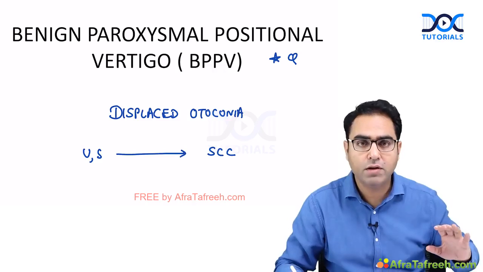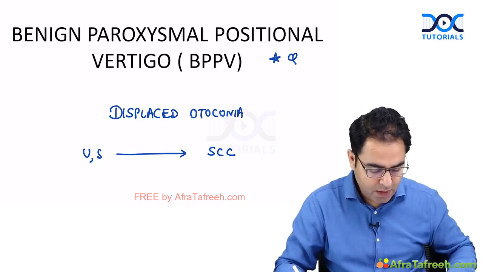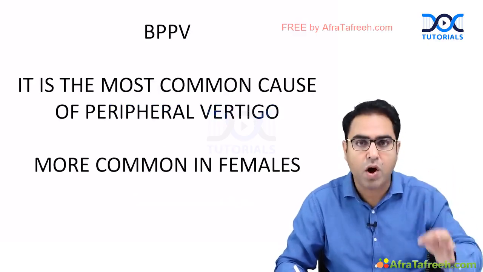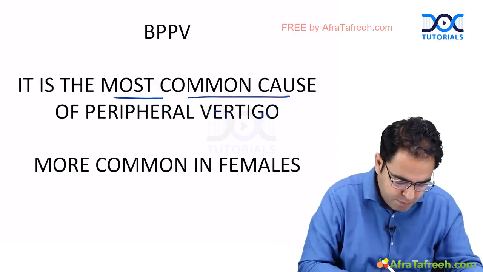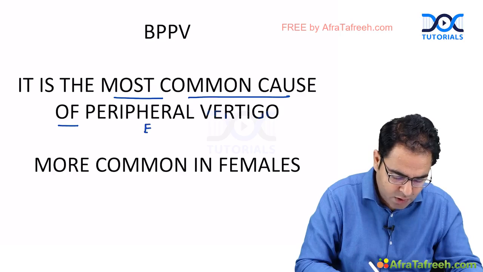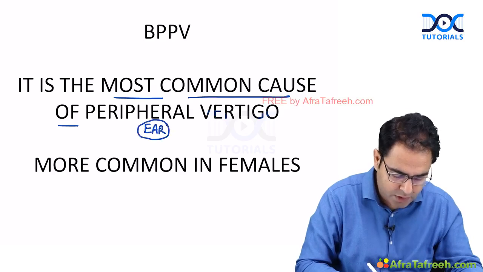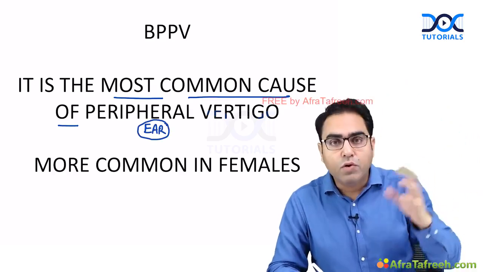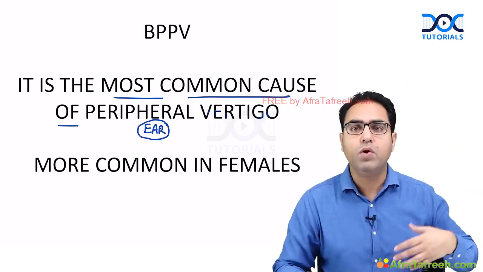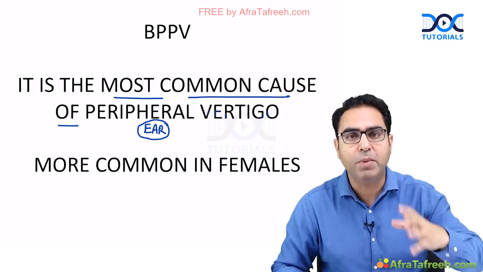Very common disorder. BPPV is the most common cause of peripheral vertigo. Can you imagine? When I say peripheral vertigo, it means due to an ear problem. One is brain problem vertigo, central vertigo. But the most common cause of peripheral vertigo is BPPV.